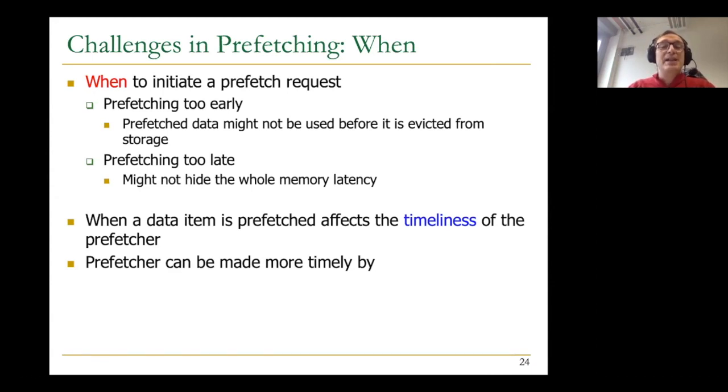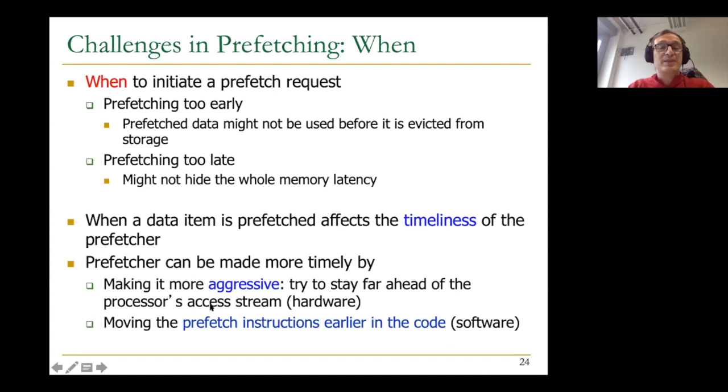A prefetcher can be made more timely by making it more aggressive, by trying to stay far ahead of the processor's access stream if you're doing hardware prefetching. Basically, if the hardware detected that you have a stride of 1, let's say A plus 1, A plus 2, A plus 3, A plus 4, A plus 5, the prefetcher can say, oh, okay, I'm going to skip ahead. I'm going to start prefetching A plus 20, A plus 21, A plus 22, A plus 23, in anticipation that the processor will have all of those requests in the cache by the time it actually needs them.